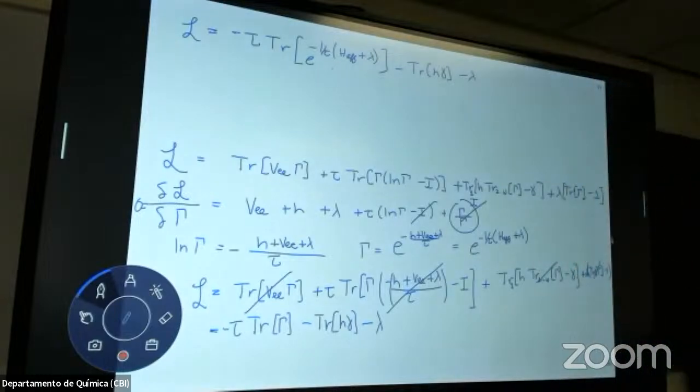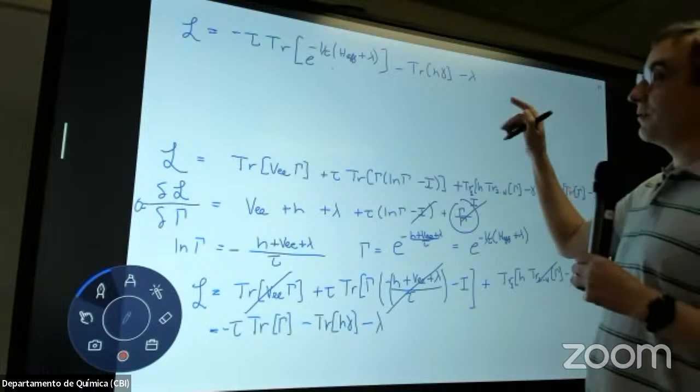Now, this is really the standard trick that we play when we're doing density matrix type stuff.